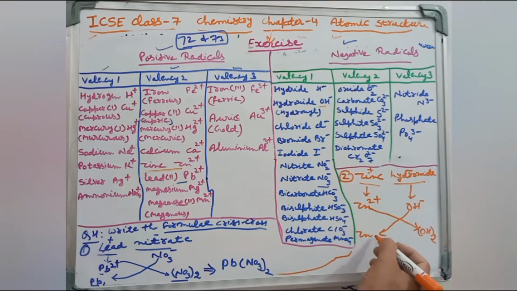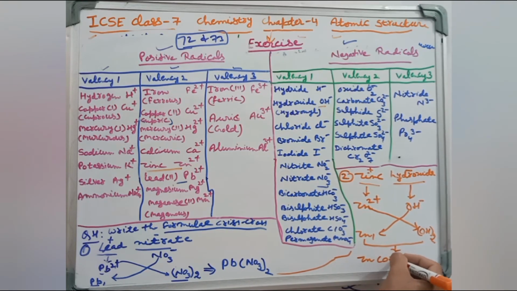This is only minus 1, no need to write 1. So our compound salt from this will become Zn(OH) twice. Right? Easy, quite easy, no need to panic.